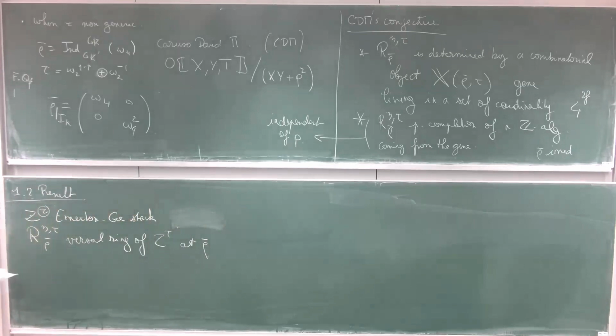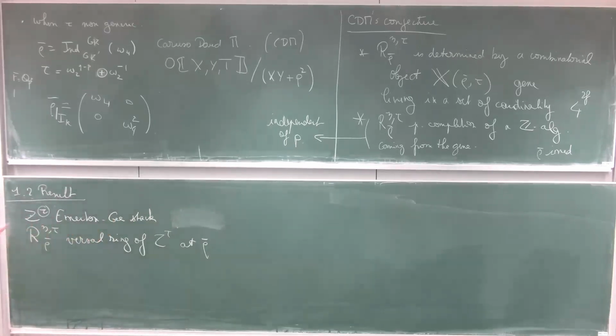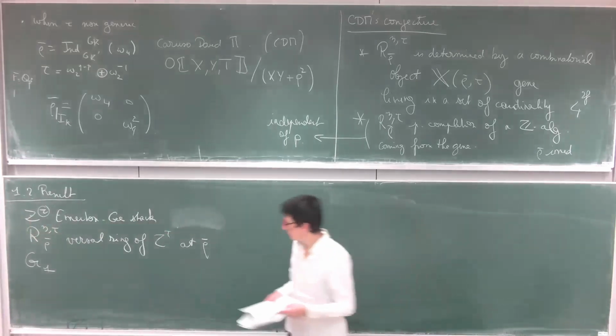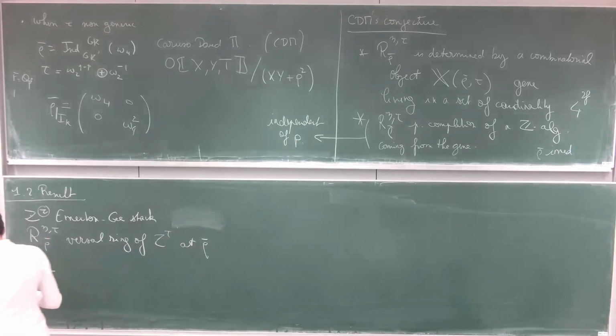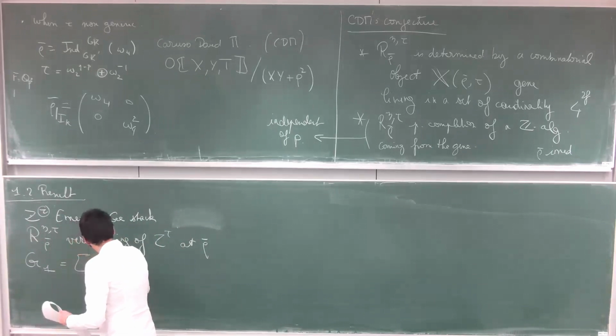That's why this object plays an important role. And so we will see a description of this object in terms of a subvariety of something. I will denote GR E1. GR because it's a Grassmannian, an affine Grassmannian, associated to the group GL2.